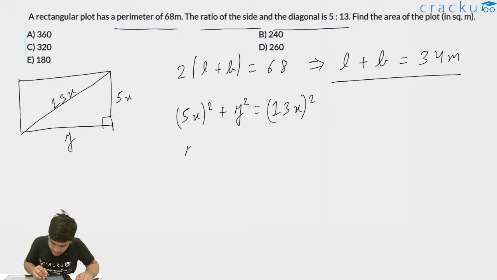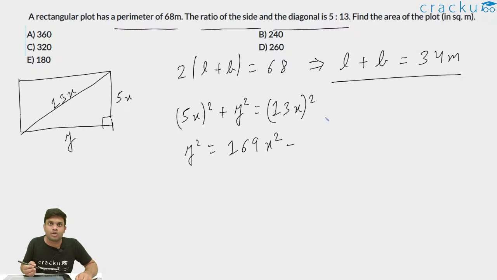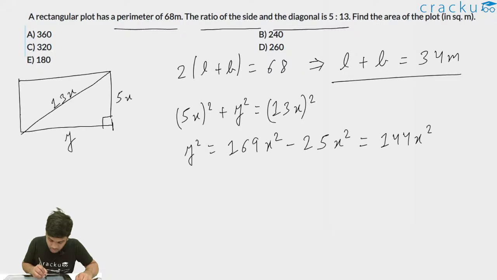So from here you will get y square is equal to 13x whole square, which is 169x square, minus 5x whole square, which is equal to 25x square. Now 169 minus 25 is 144x square. So from here we will get y as 12x.